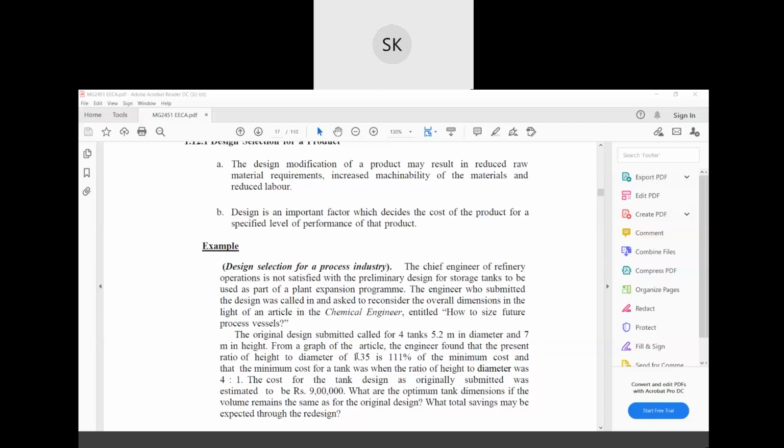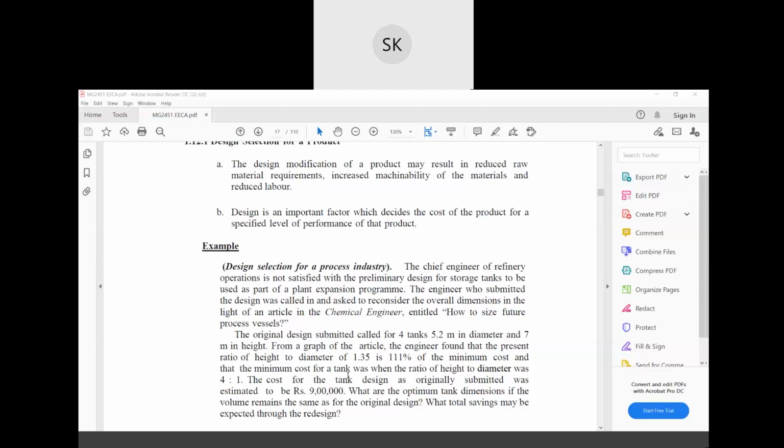Now, original design submitted called for 4 tanks 5.2 meter in diameter and 7 meter in height. Basically, they are giving an example of a storage tank. The design earlier was for 4 tanks, which was 5.2 meter diameter, and height was 7.